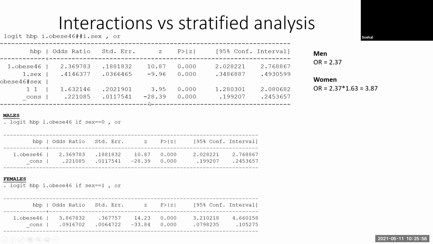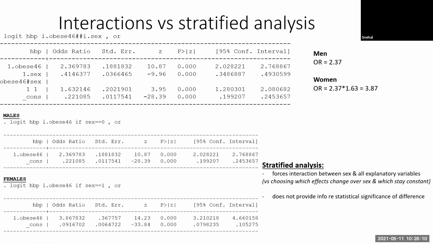But doing it with an interaction term is more efficient and better. Well, I shouldn't say better, but it is better than doing a stratified analysis. And the reason for that is because when you're doing a stratified analysis, you're forcing an interaction between sex and all explanatory variables.